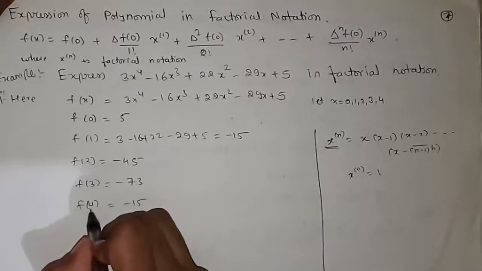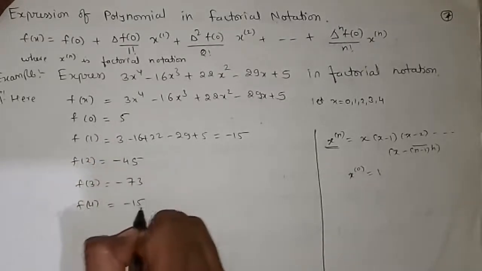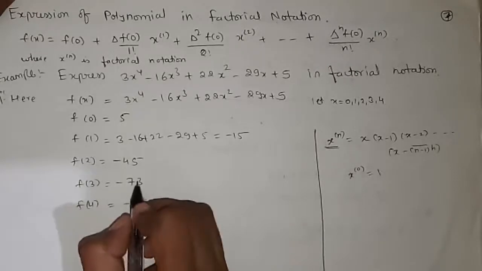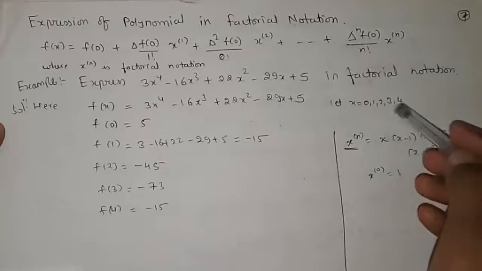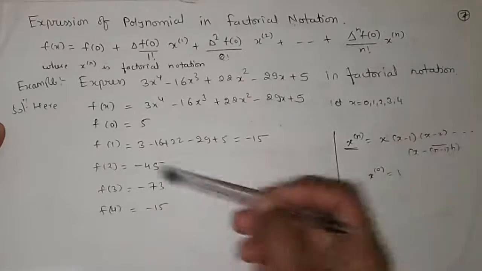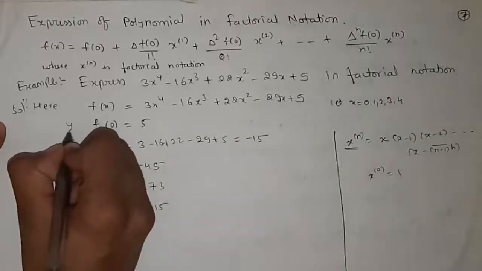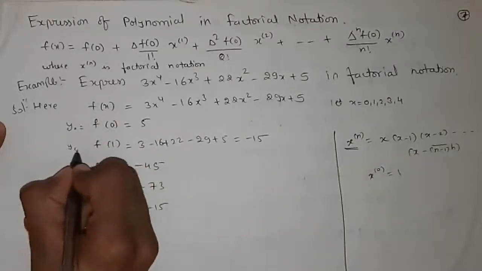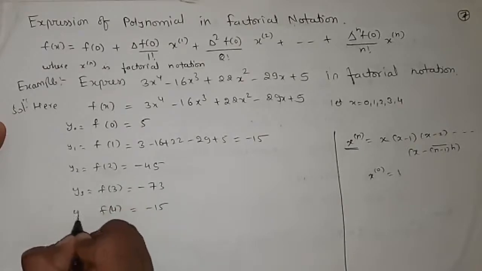And if we write x equal to 4, then we get f of 4 equal to minus 15. So here we have selected 0, 1, 2, 3, 4 as values of x, and we have found the values of y accordingly. So this is y0, y1, y2, y3, and y4.